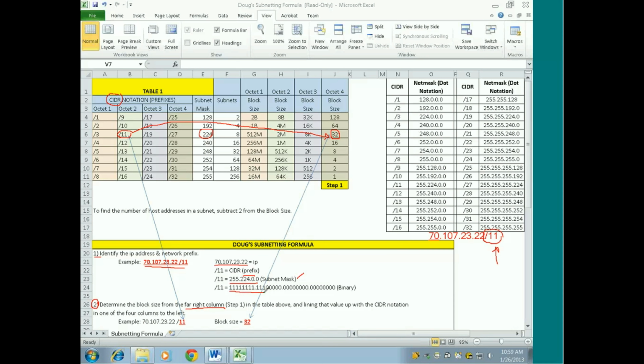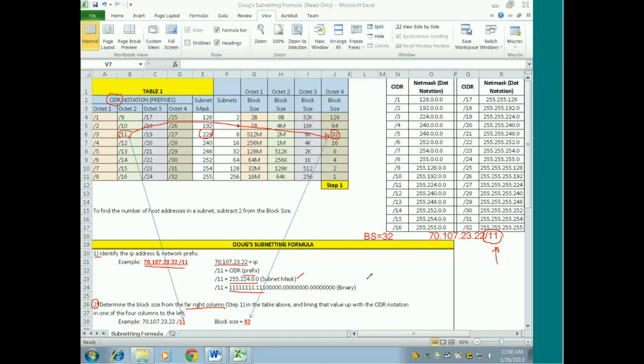Here's a visual of the binary, okay? We're on step 2, though. So we took our /11, and we determined that our block size is what, guys? 32. This number becomes very important. Step 3. Can't see it right now, but it's there.